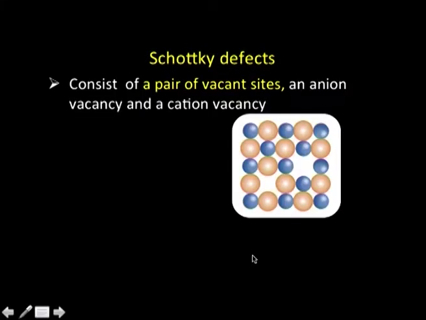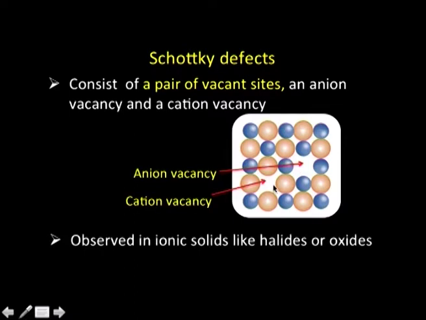Schottky defects basically consist of a pair of vacant sites, an anion vacancy and a cation vacancy. So, we have a lattice here, and you find there are two vacancies. One is an anion vacancy; the blue sphere here is a cation, and this one is an anion, and so on and so forth. We find a position which was expected to be occupied by an anion, but it is vacant.